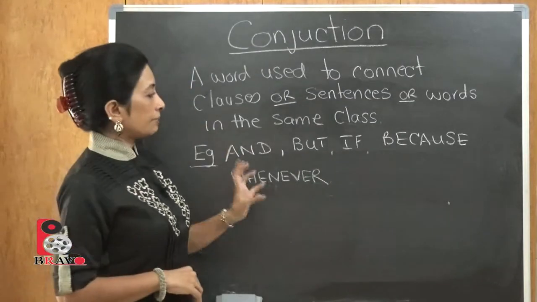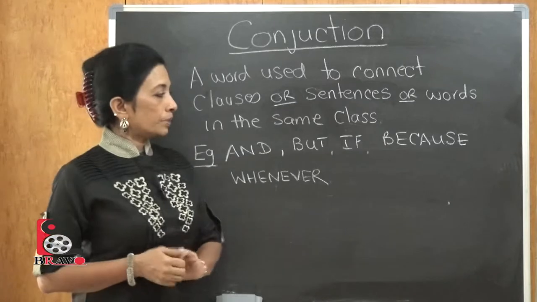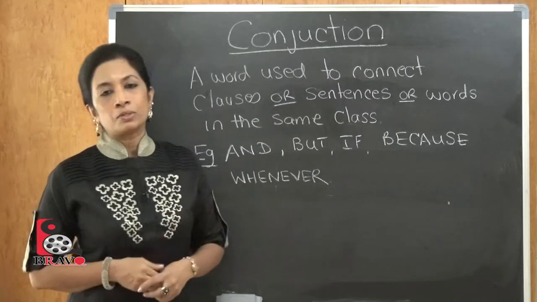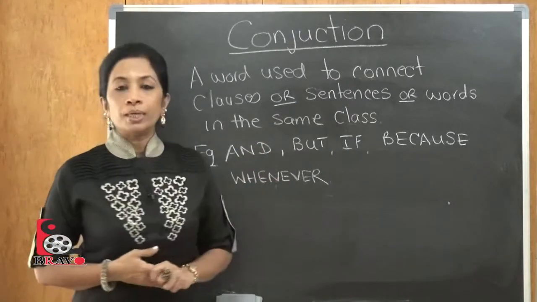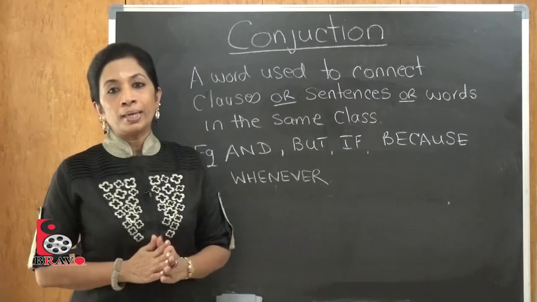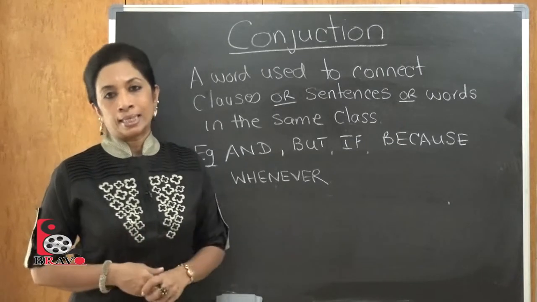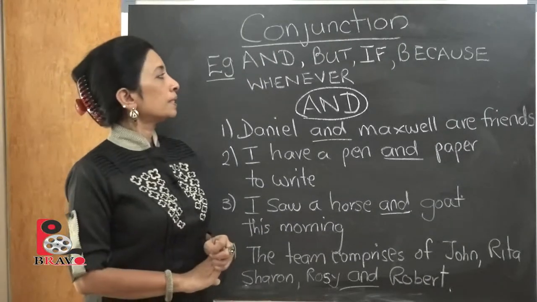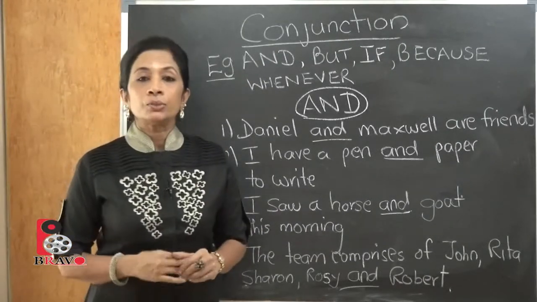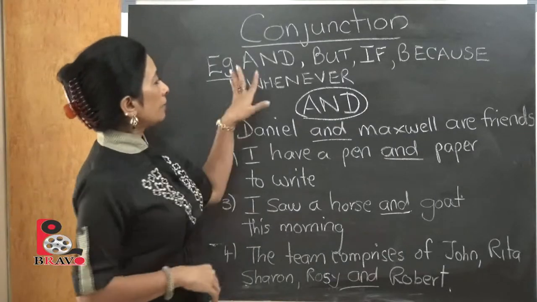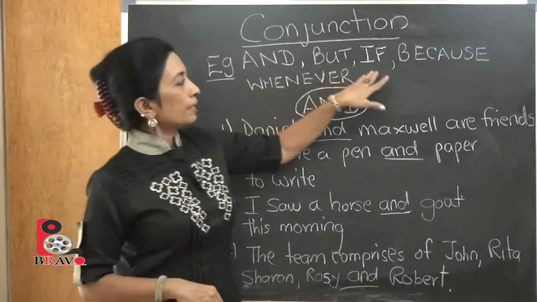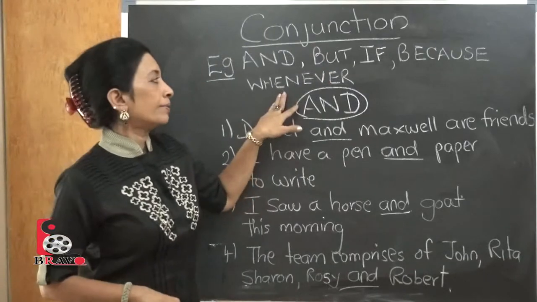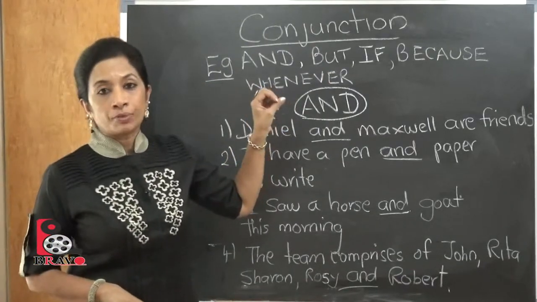So we're going to take these 5 words, and I'm going to try and give you about 3 to 4 examples of each conjunction word to see how it should be used in making a sentence.